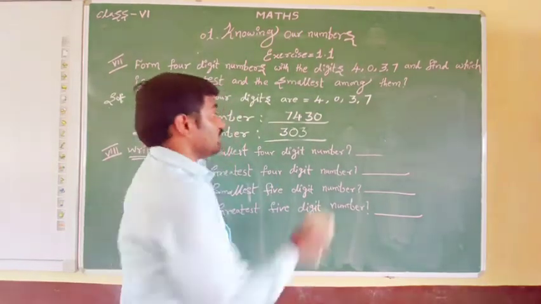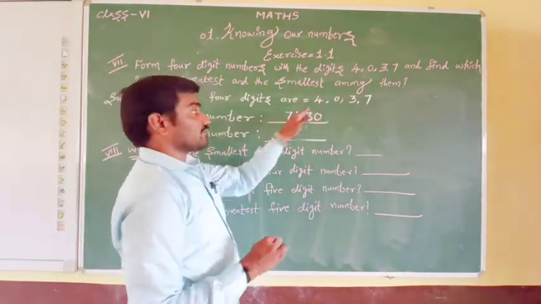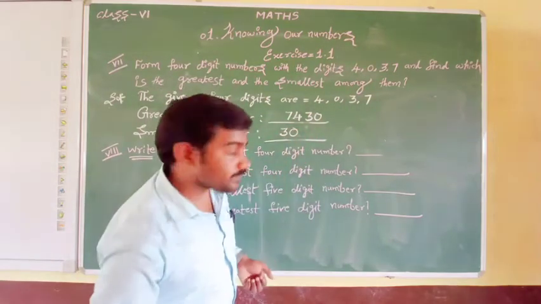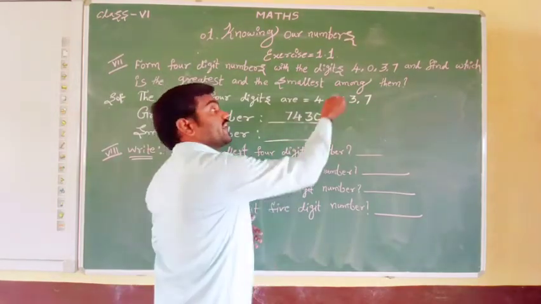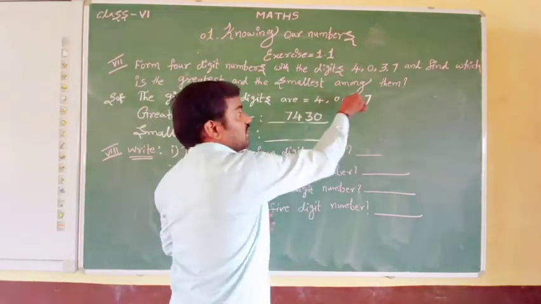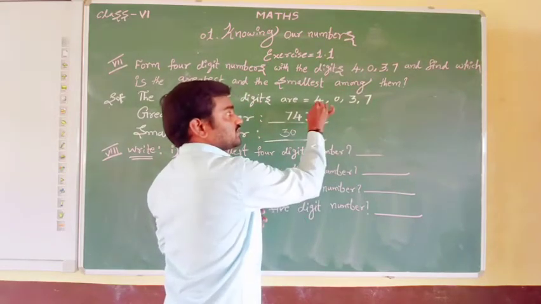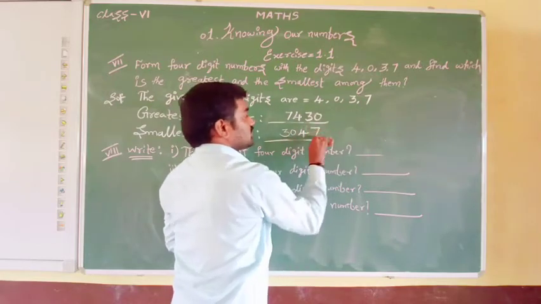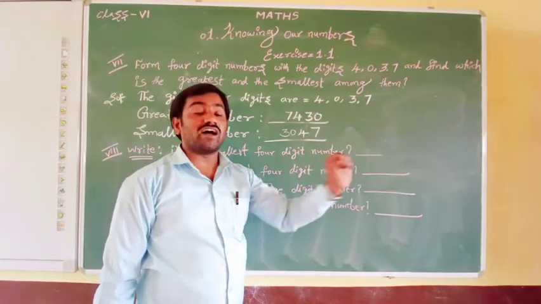That means, remember, every digit should be valid when you are writing these numbers. So if there is a 0 in the given digits, it should be written in the second place. First you choose 3, 0. Next smallest digit is 4. Next, the 7. Now this is 3047, the smallest number.